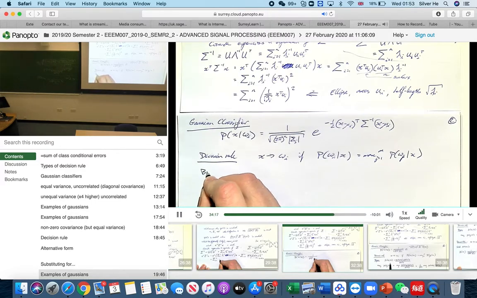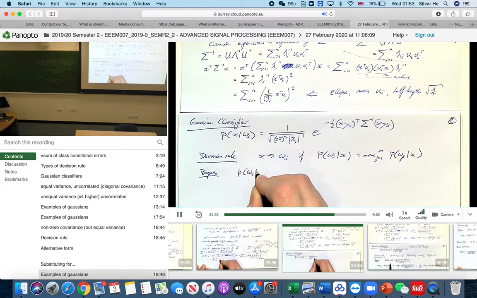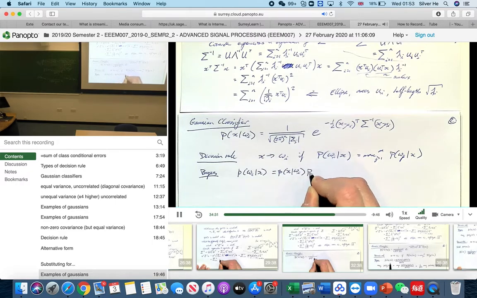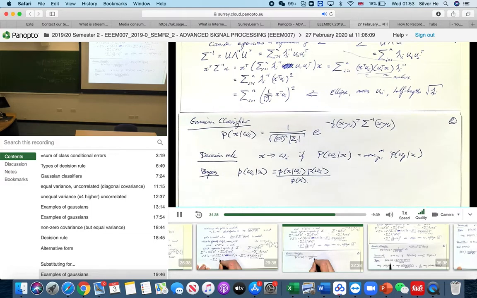So from Bayes, this tells us that P of omega i given x is equal to P of x given omega i, P of omega i, over P of x. And we saw how we got Bayes before.